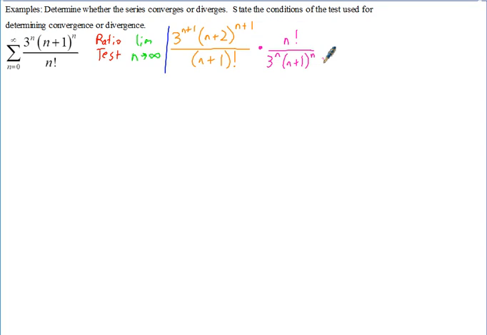All right, let's see if there's anything we can reduce here. So we'll find the limit as n approaches infinity. First thing we can do is look at the 3's. 3 to the n plus 1, 3 to the n, that's going to reduce out and leave you with 3 to the first, which is just 3. And that can go outside of the absolute value because it's not affected by that.